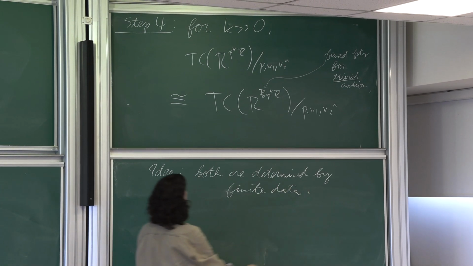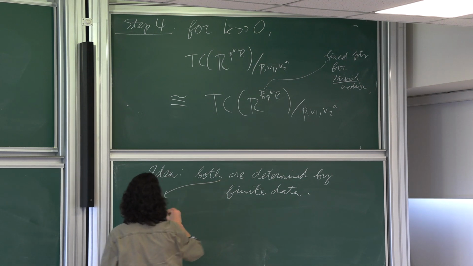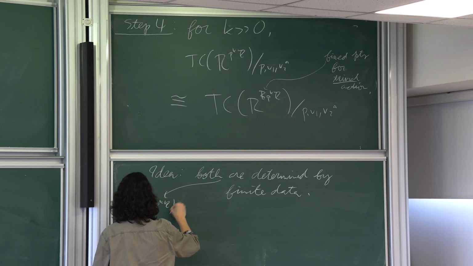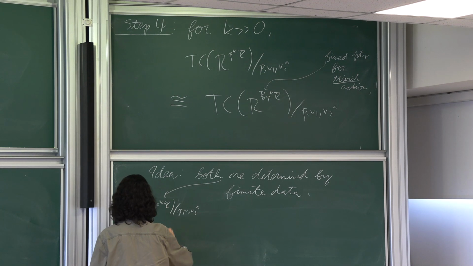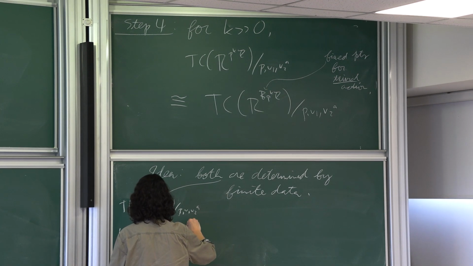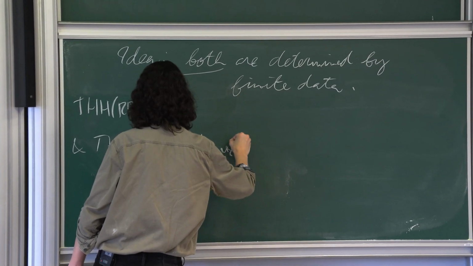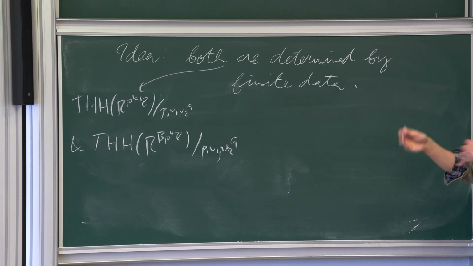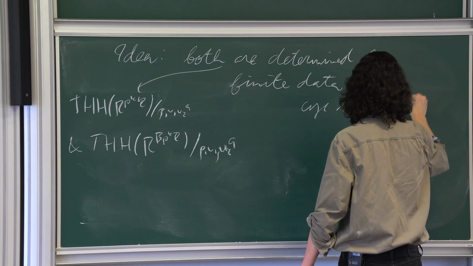Once you equip them with the correct structure, both THH of R mod p, v1, v2 to the a, and THH of the trivial guy, are determined by finite data as cyclotomic spectra, with an action of the appropriate ring.